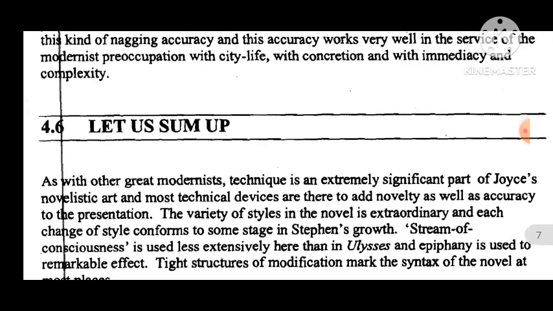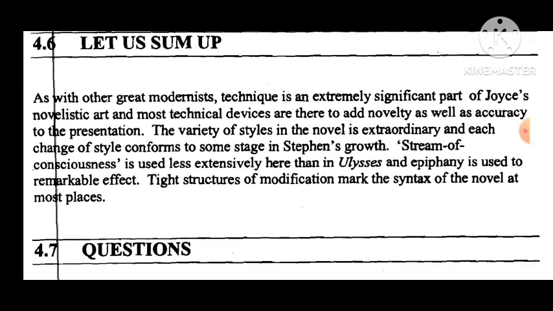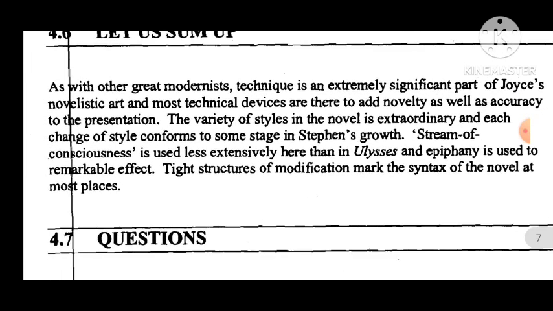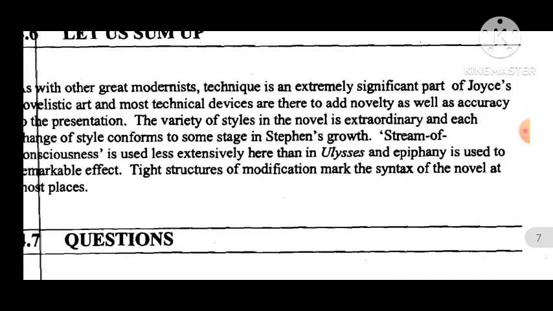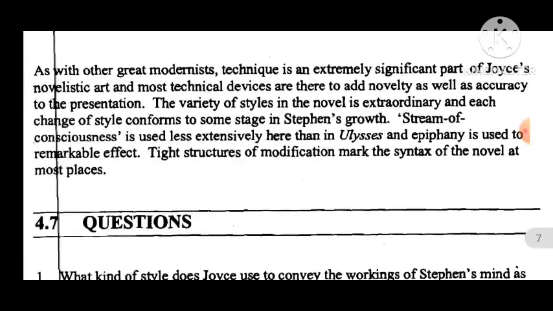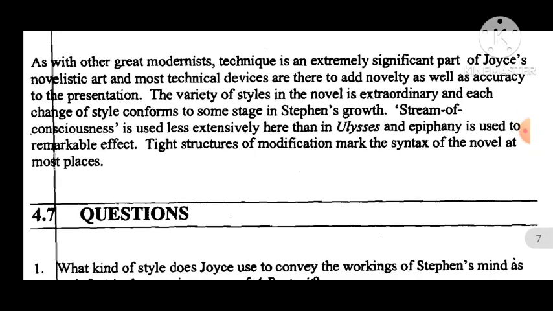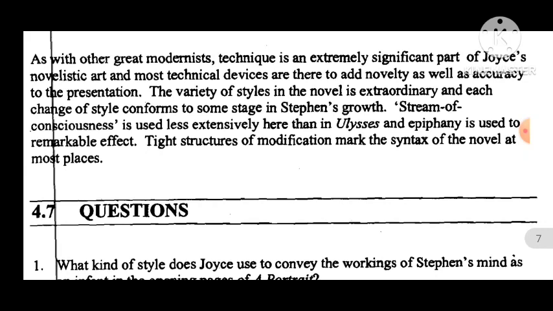Then let us sum up. As with other great modernists, technique is an extremely significant part of Joyce's novelistic art, and most technical devices are there toward novelty as well as accuracy in the presentation. The variety of styles in the novel is extraordinary, and each change of style conforms to some stage in Stephen's growth.